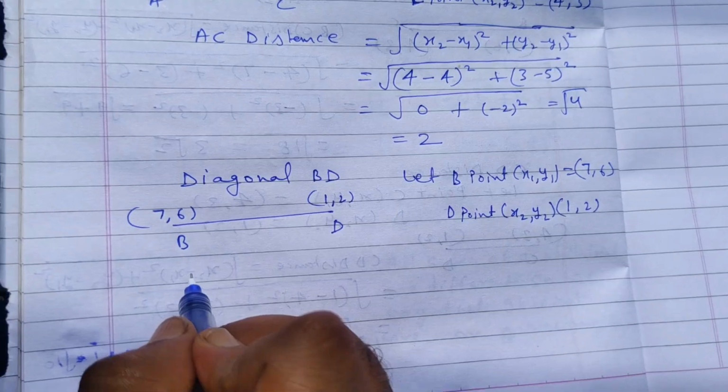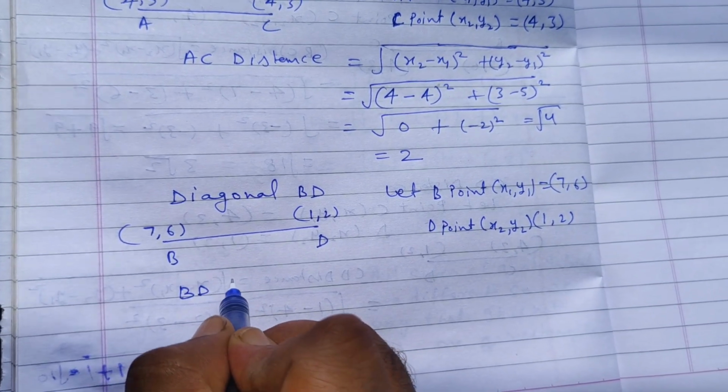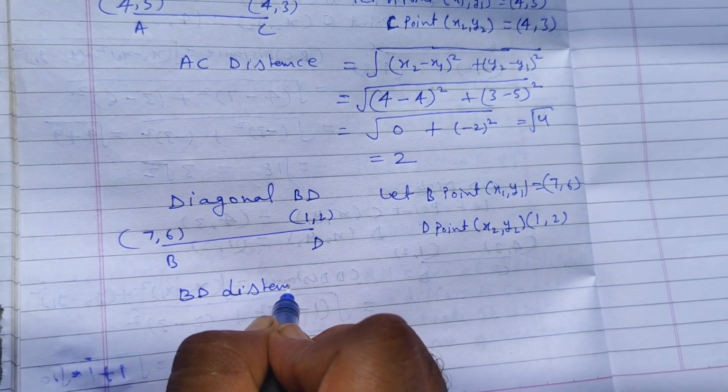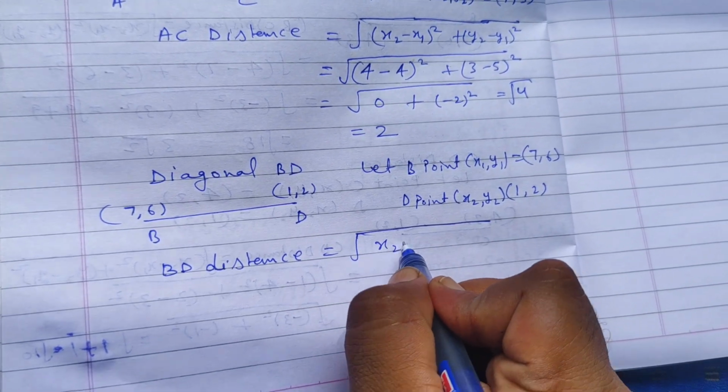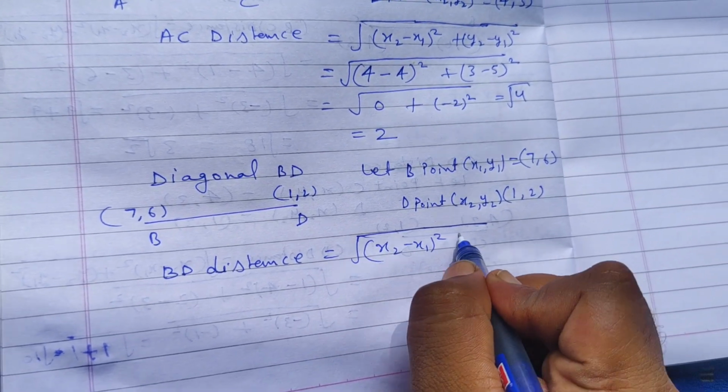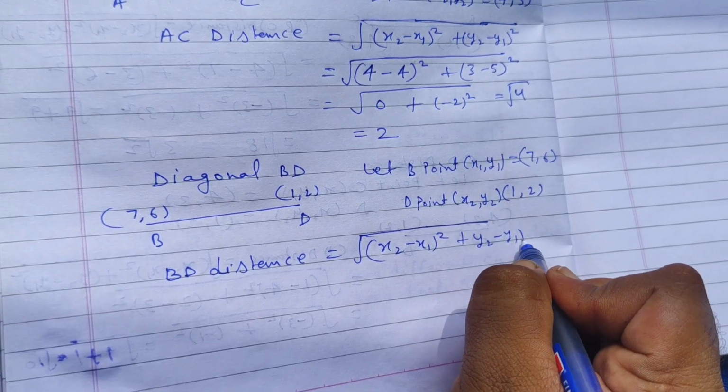So BD distance is x2 minus x1 and y2 minus y1.